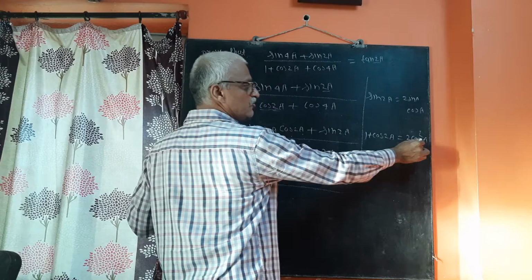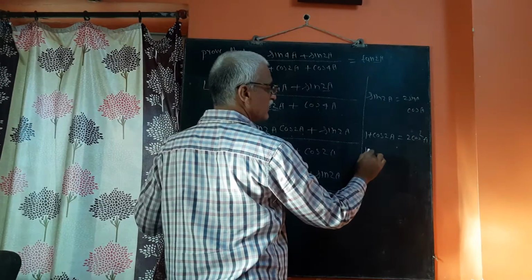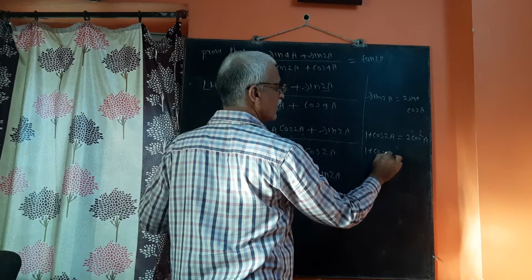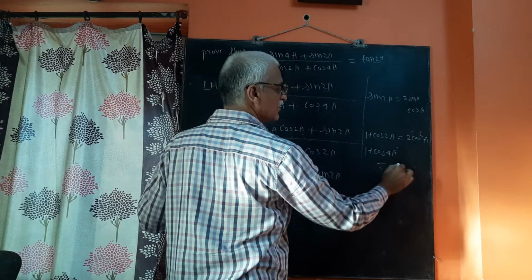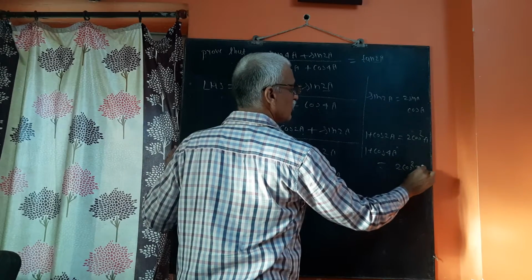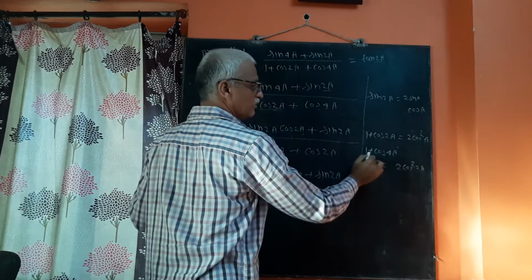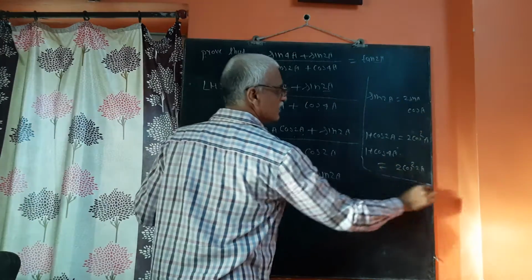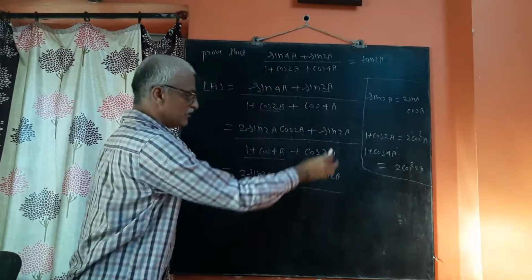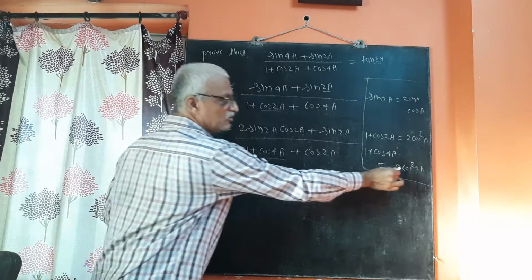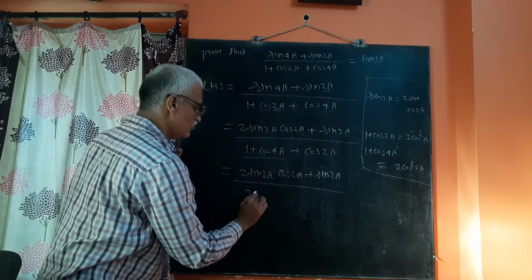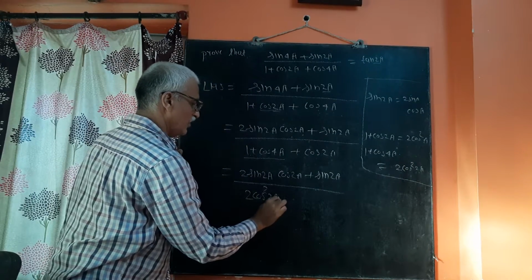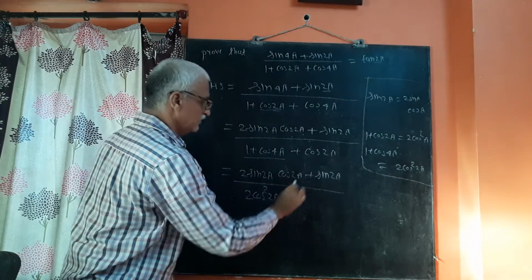Since 1 plus cos 2a equals 2 cos square a, therefore 1 plus cos 4a will be equal to 2 cos square 2a. So replacing 1 plus cos 4a by 2 cos square 2a, this will be 2 cos square 2a plus cos 2a.